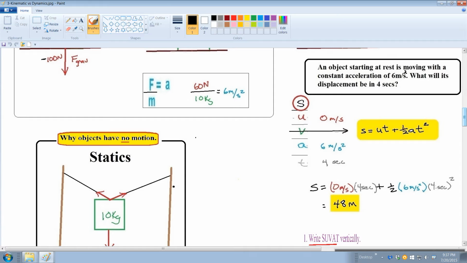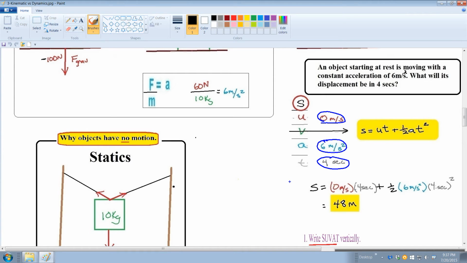The first thing we do, step 1, is we write SUVAT vertically. So we did that. We wrote it vertically. Step 2 is we fill in the information that we have. We need at least 3 data points. Well, we know it started initially at rest, 0 meters per second. We know its acceleration, and we also know the time that we're interested in.